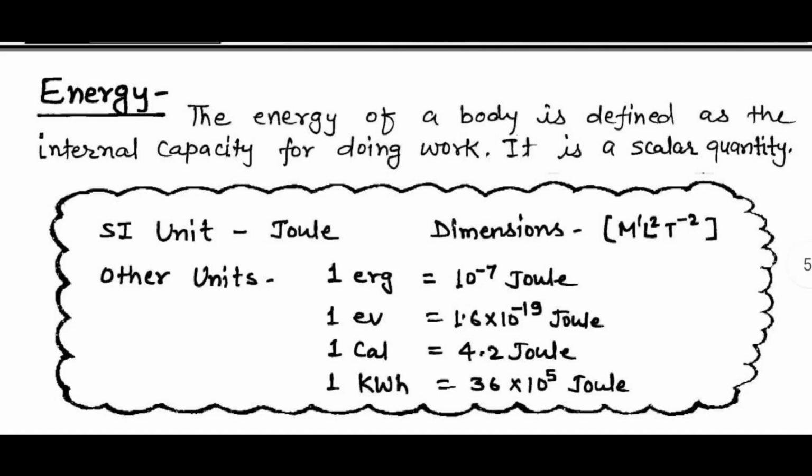Work is a scalar quantity, so energy is also a scalar quantity. Its SI unit is the same as work, that is the joule, and there are some other units which help at a commercial level and for numerical purposes, for converting units from one form to another. Please have a look at all these units.